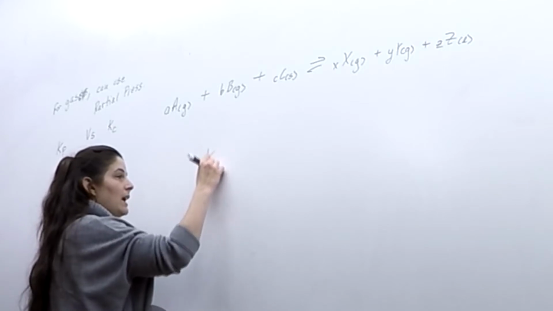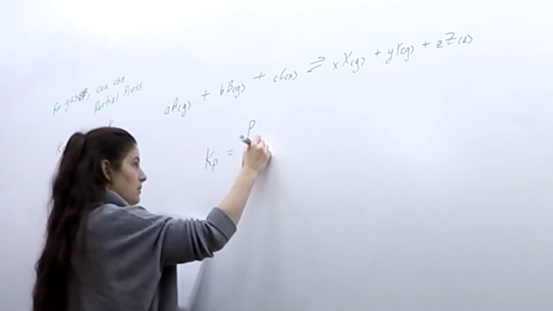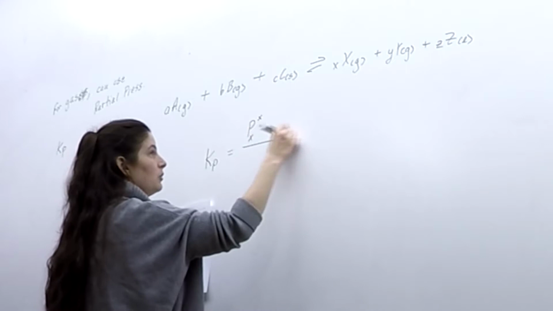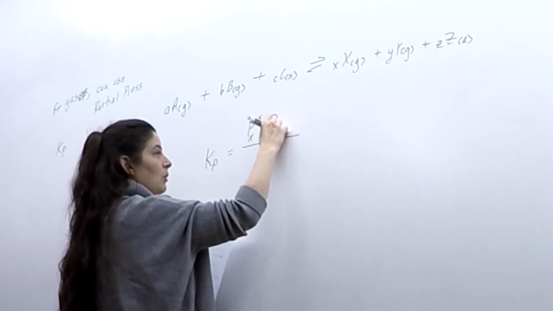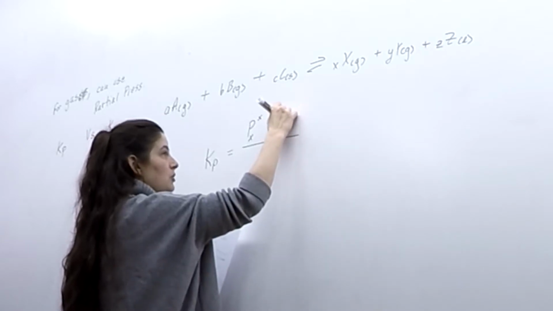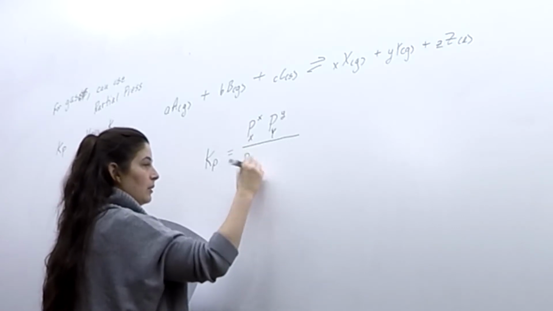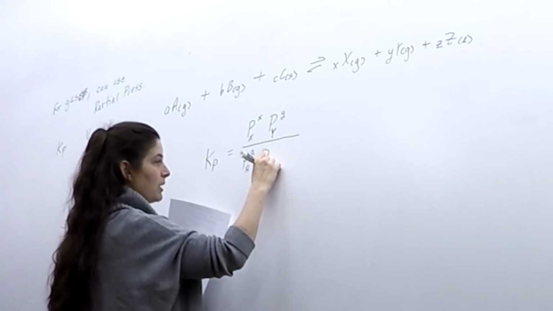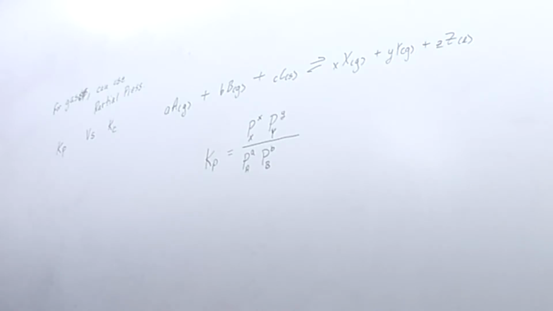So defining Kp, the constant, with pressure in mind, we are going to take the partial pressure of X, because we start with products, so we have P_X to the x, times P_Y to the y, over the partial pressure of A to the small a, and the partial pressure of B to the small b. So this is how we are going to do it when it involves pressure.